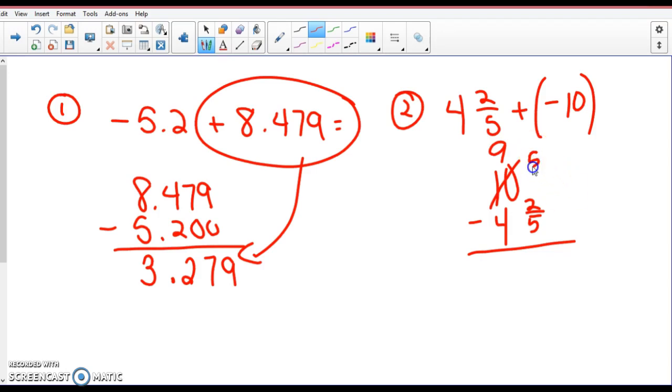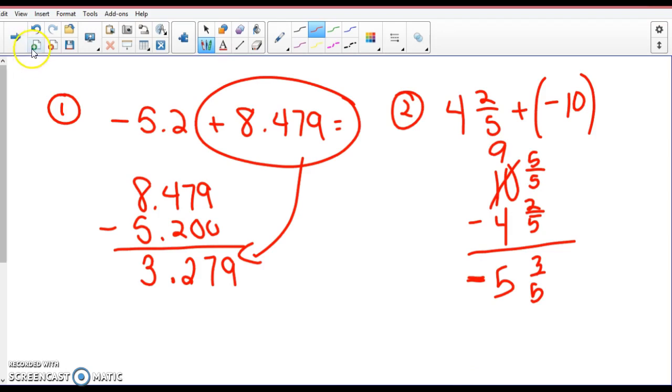Thank you. 5/5. Do you guys agree with Logan that 10 is the same as 9 and 5/5? Because 5/5 is 1 plus 9 is 10. Now I can subtract. 5/5 minus 2/5 is 3/5. 9 minus 4 is 5. And let's not forget that the answer is going to be negative.